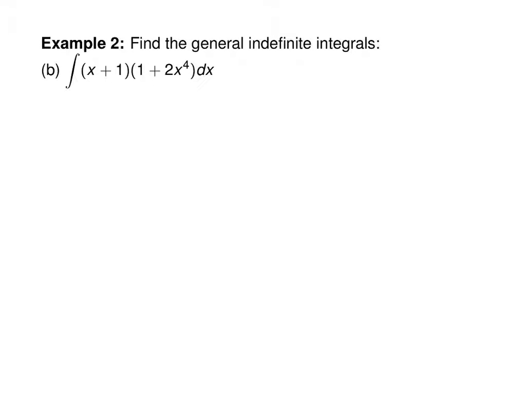Okay, still no product rule. There's really still no product rule, so first multiply. So you get the integral of x plus 2x to the 5th plus 1 plus 2x to the 4th. Wait, I didn't antidifferentiate yet. But I just did, x times both things, 1 times both things. At first I was distributing because there is no product rule, so we're not going to apply that because it's wrong.